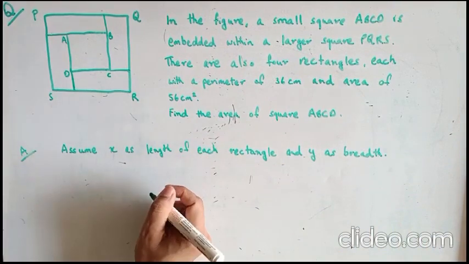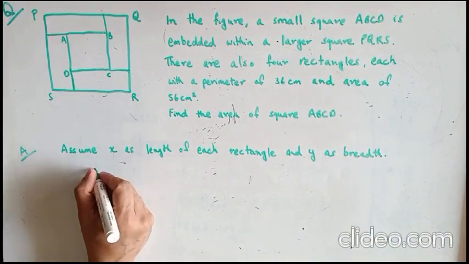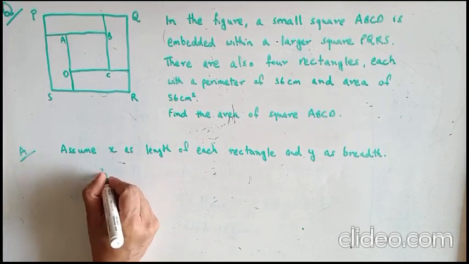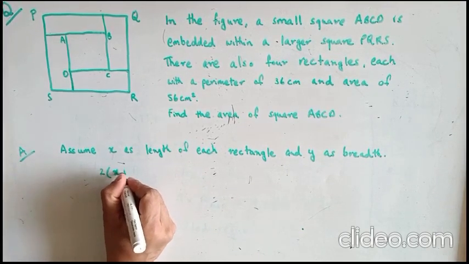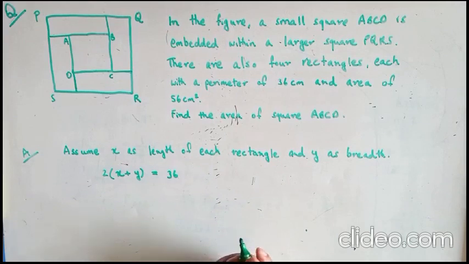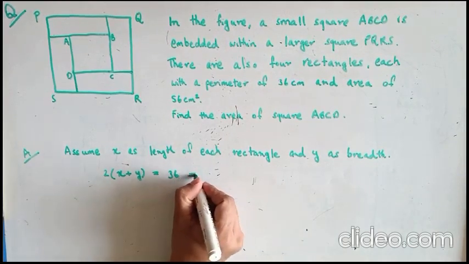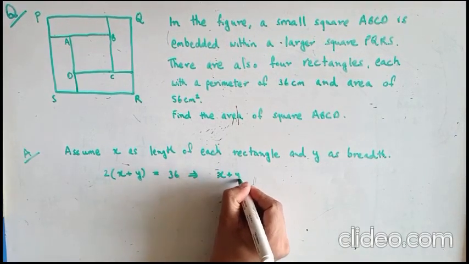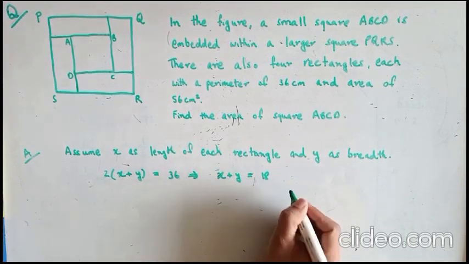So in terms of the perimeter, perimeter of a rectangle is equal to 2 into the length plus the breadth. So 2 into x plus y is equal to 36, right? Which means x plus y equals 18.